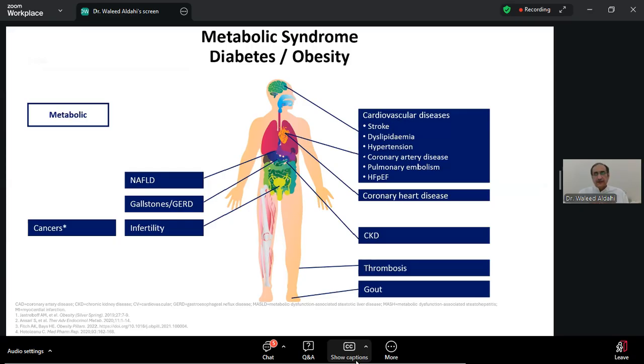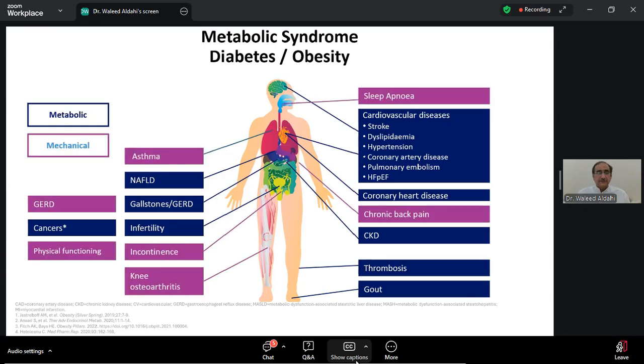So they are not separate, they are always together. And also hypertension is part of it, as my previous speaker elegantly explained. So cardiovascular disease, coronary heart disease, CKD, thrombosis, gout, fatty liver, gallstones, infertility. Cancer is also increasing in patients with obesity and diabetes.